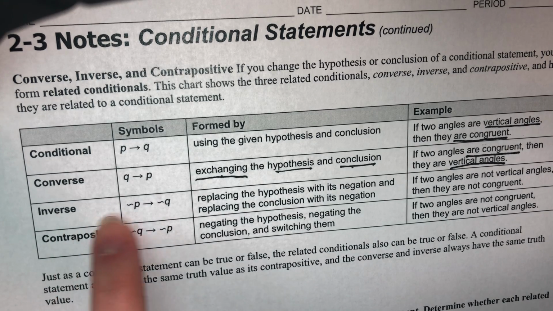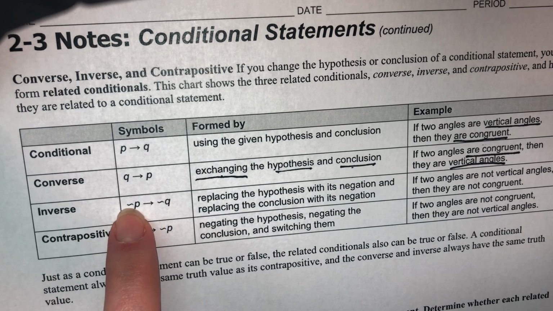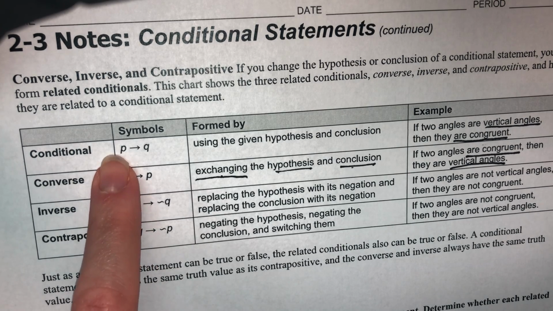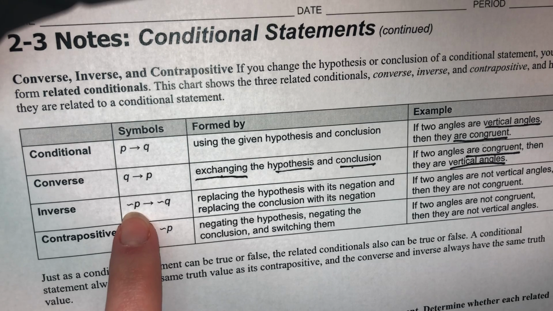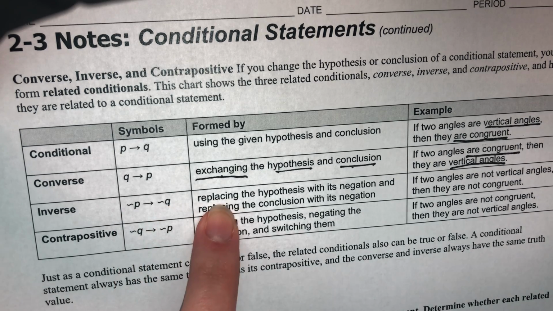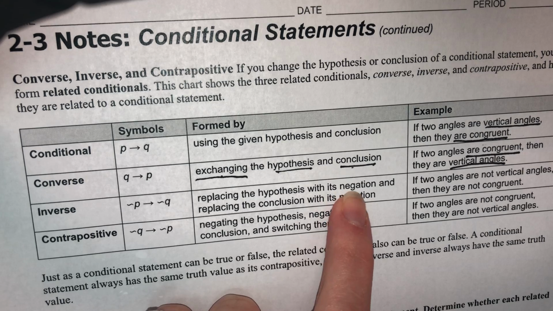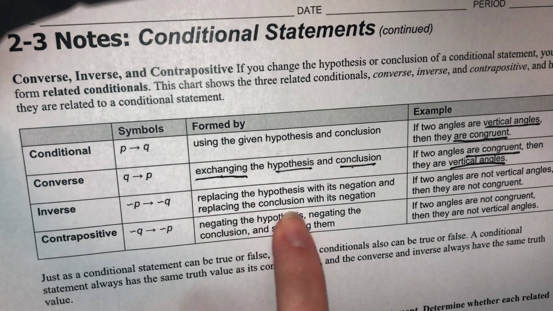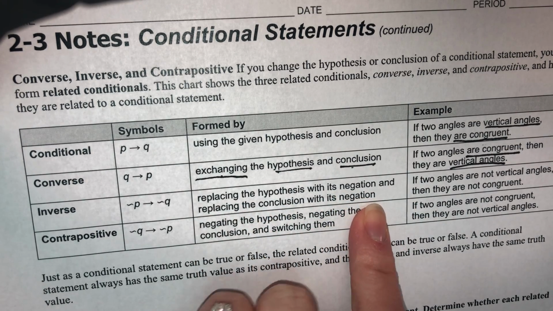Now, the inverse, they have these little squiggles in front of these, and those squiggles mean that you have negated the statement. So instead of saying if P, we're saying if not P. You're replacing it with something with the word not usually. If not P, then not Q is what this means. So replacing the hypothesis with its negation and replacing the conclusion with its negation.